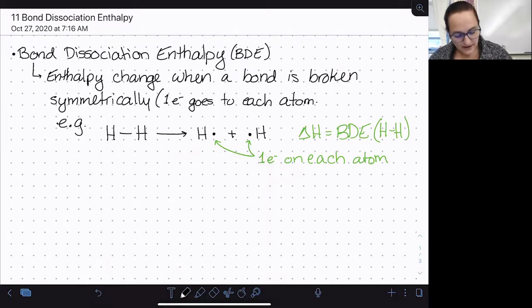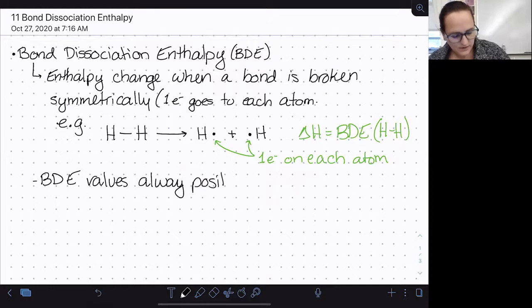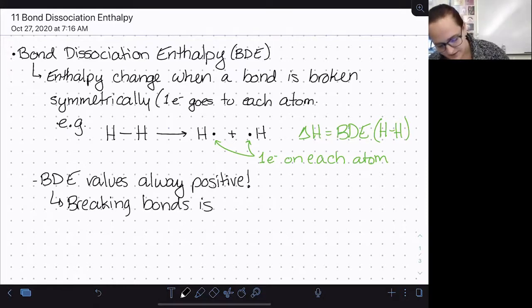So BDE values are always expressed as a positive, because we're defining bond dissociation enthalpy as the energy required to pull your atoms apart. Breaking bonds is always endothermic. It requires an input of energy.